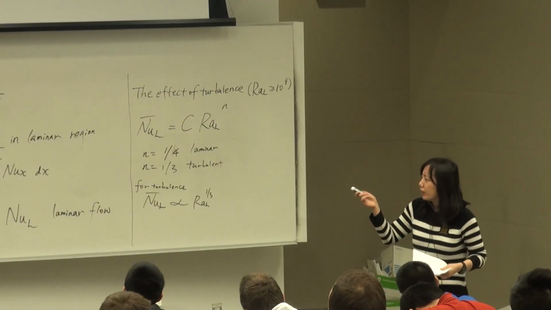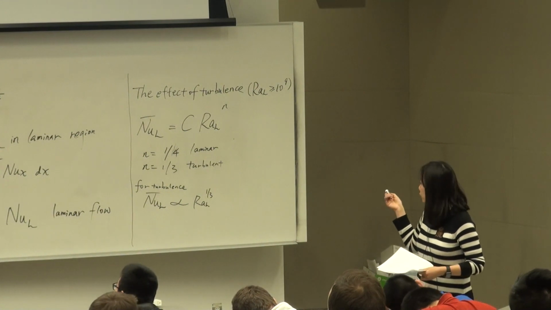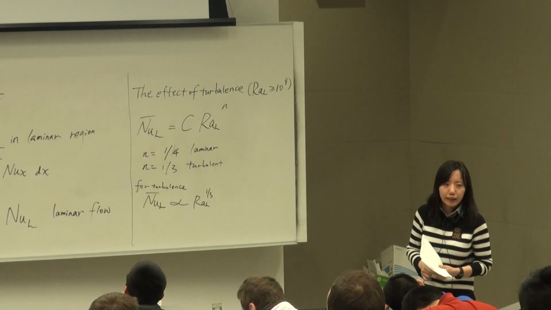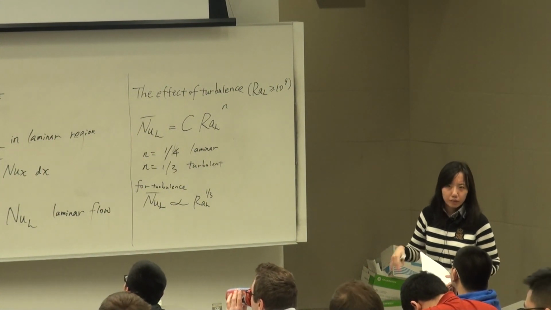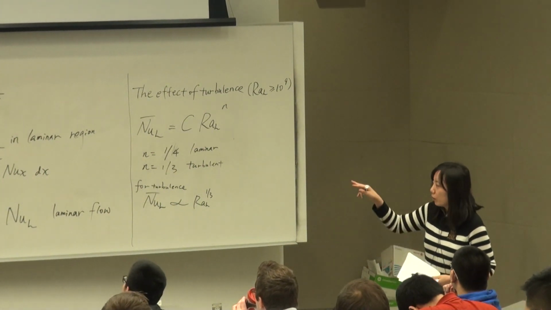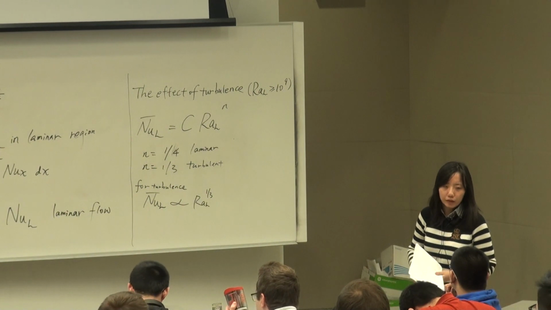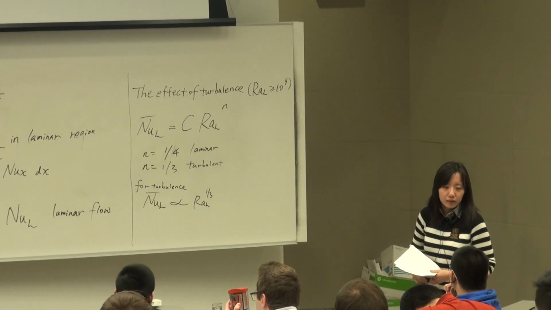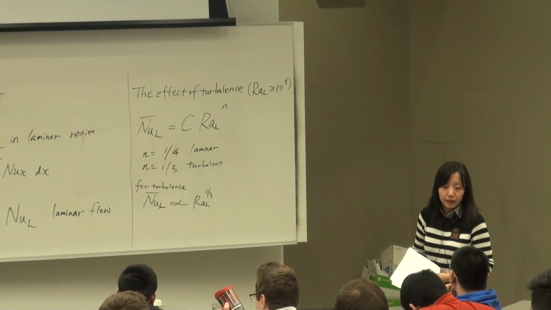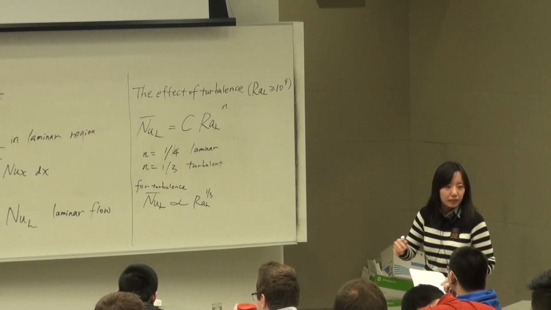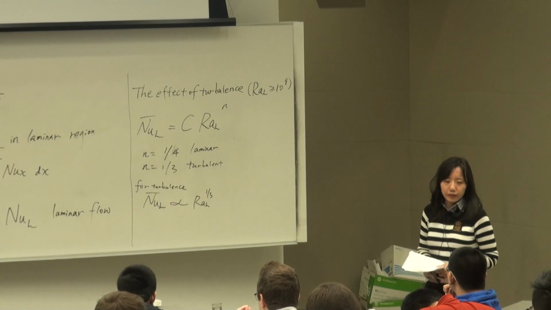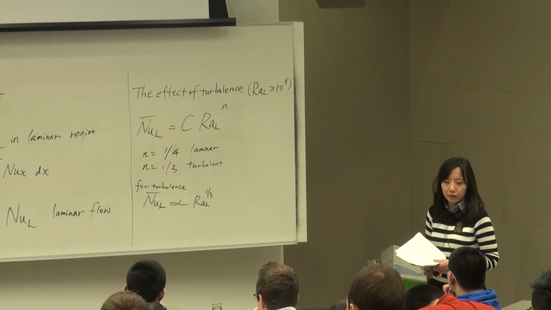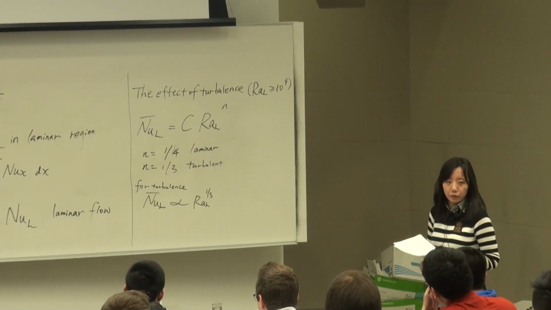Typically, we have g beta delta T. If we expand the expression for Rayleigh, we have g beta delta T over nu alpha, all properties are constant. What matters is the characteristic length you put there. L is the length of the plate. x is a local length, right? To the 1/3 means what? It's proportional to L cubed, to the 1/3.